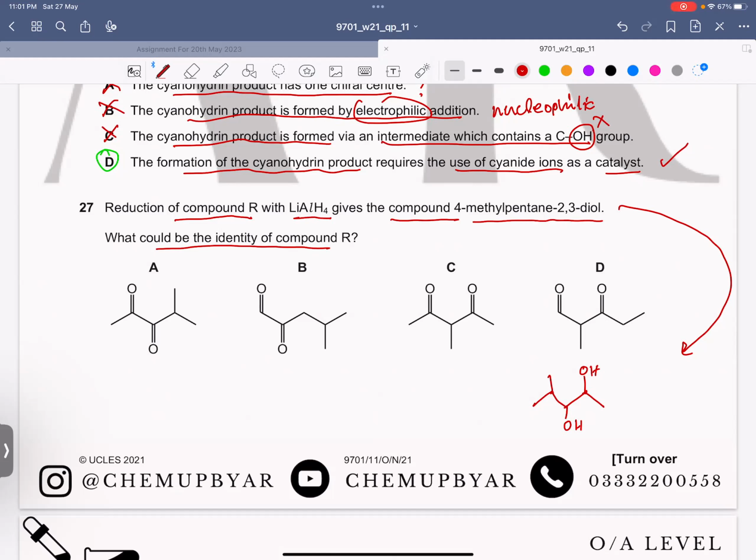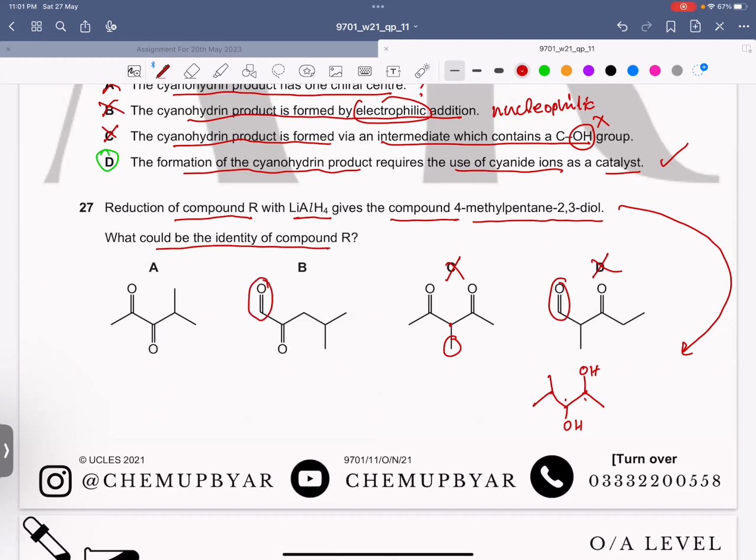So if you see the branch is on the second carbon, here the branch is on the third carbon, so this goes wrong. And here the alcohols are on the second and the third carbon. The aldehyde on the first carbon makes D wrong.